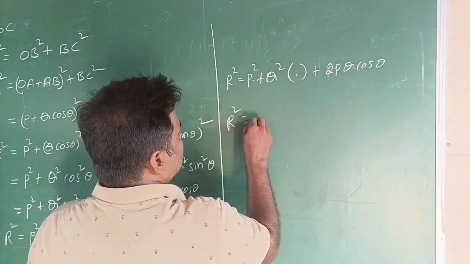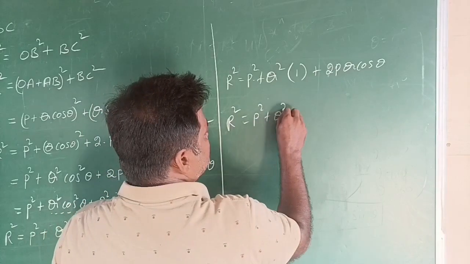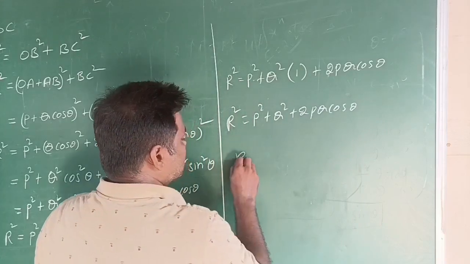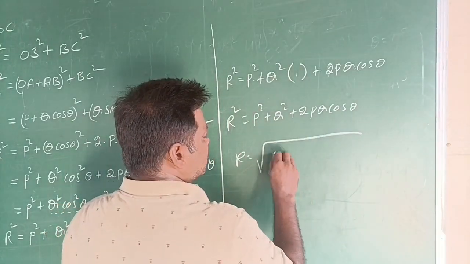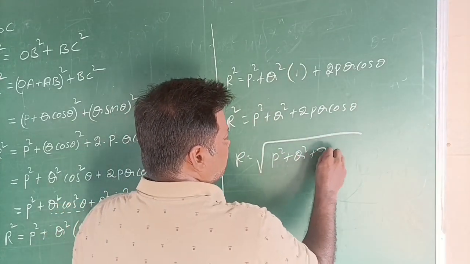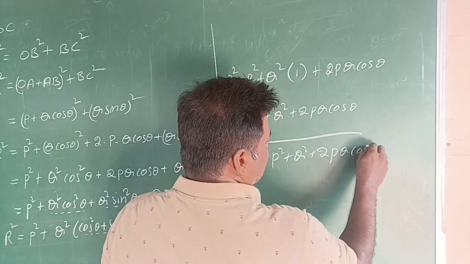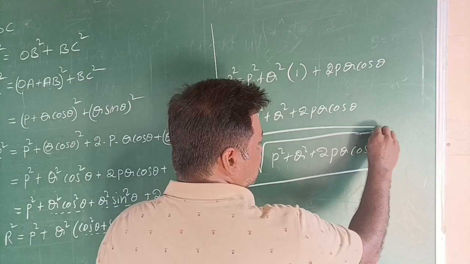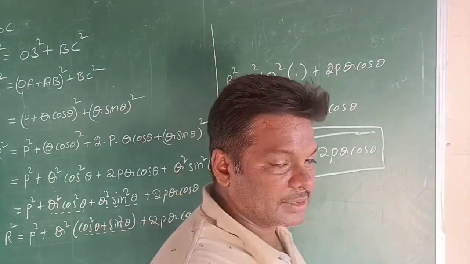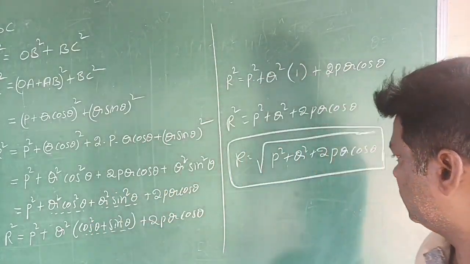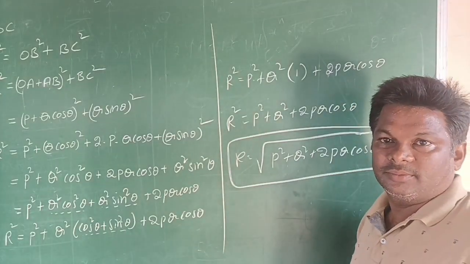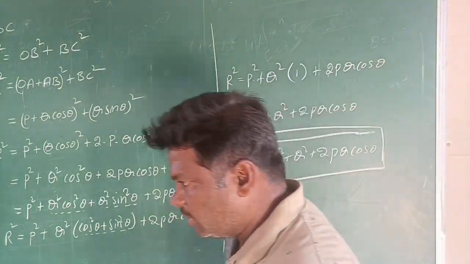So R square is equal to P square plus Q square plus 2PQ cos theta, and R is equal to root over P square plus Q square plus 2PQ cos theta. So this is the resultant of two forces or two vectors acting at a certain angle. The angle between the two forces is theta. This is your resultant. Come on, note it down.